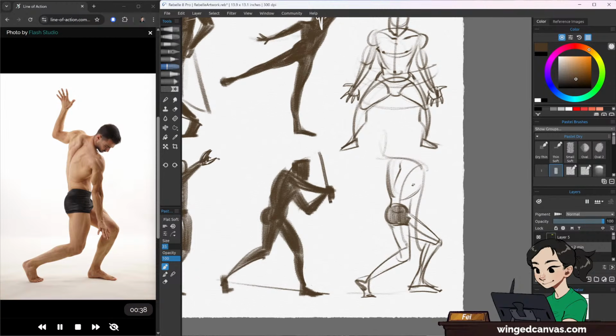Right? I just don't want to have any confusion because it's hard to see those overlapping shapes.